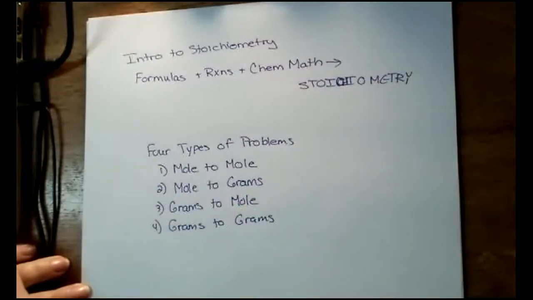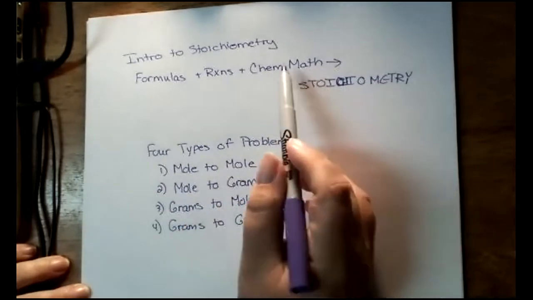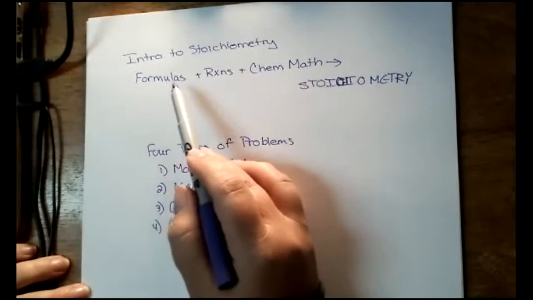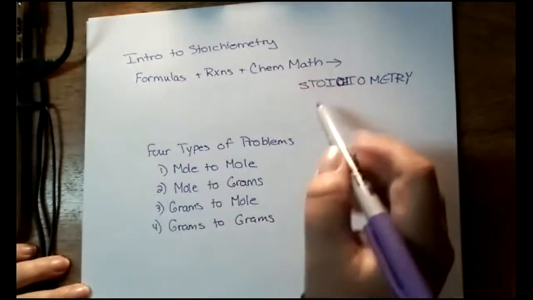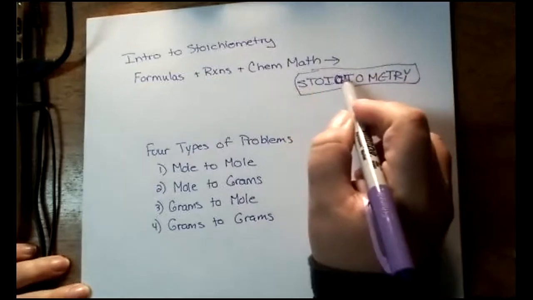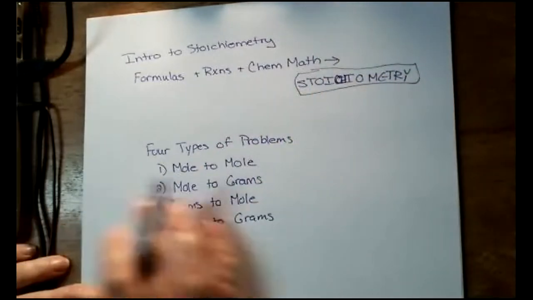We've learned how to find percent composition, and we've learned how to convert from moles to grams to molecules. Well, we're going to take all of this, we're going to apply it to our reactions, and when we put all of this together, that's what stoichiometry is actually made of. And I'm sorry that I wrote that wrong.